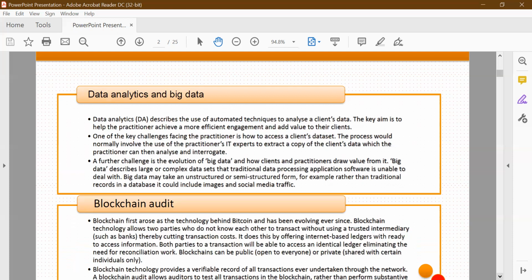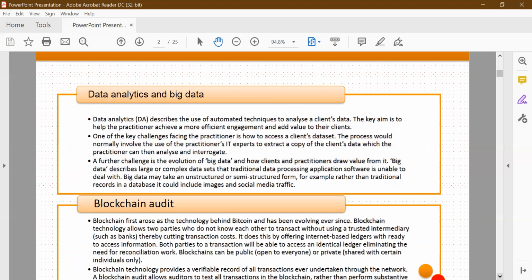A further challenge is the evolution of big data. Big data is basically, as the word suggests, big data, large complex data sets that normal data processing software might not be able to deal with, right?